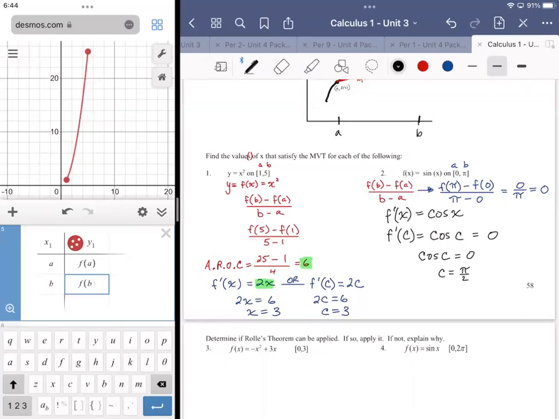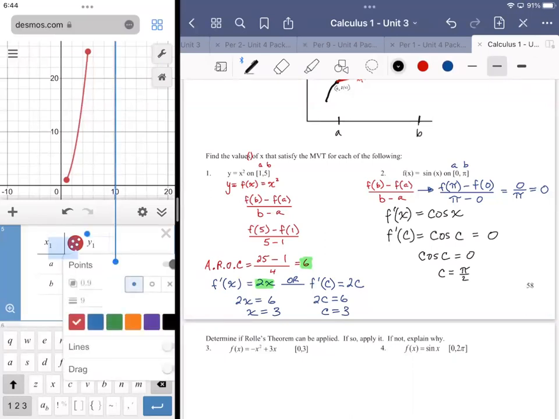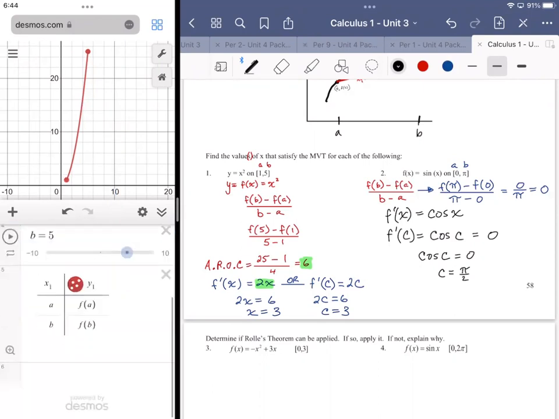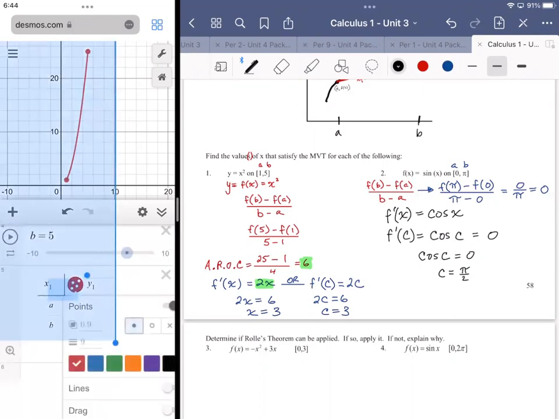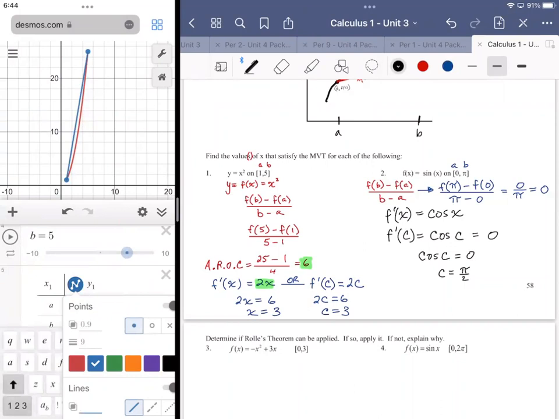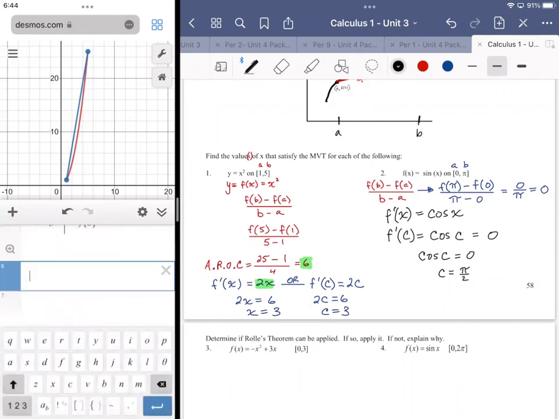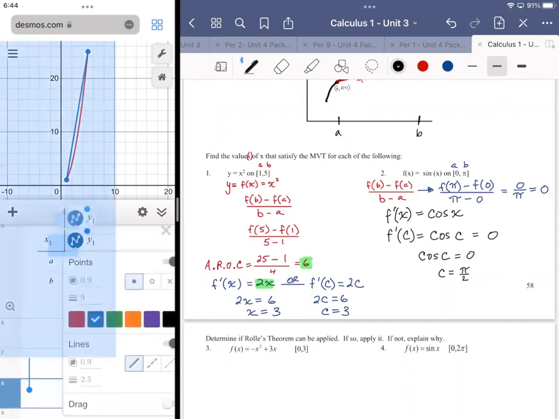All right, so we have some points, but I want them connected with a line segment. So let me just slide up and let's see if it'll work. Turn on that line, make it a different color, I don't need to change the opacity. I'm just going to throw a couple lines in here so I can scroll it up.